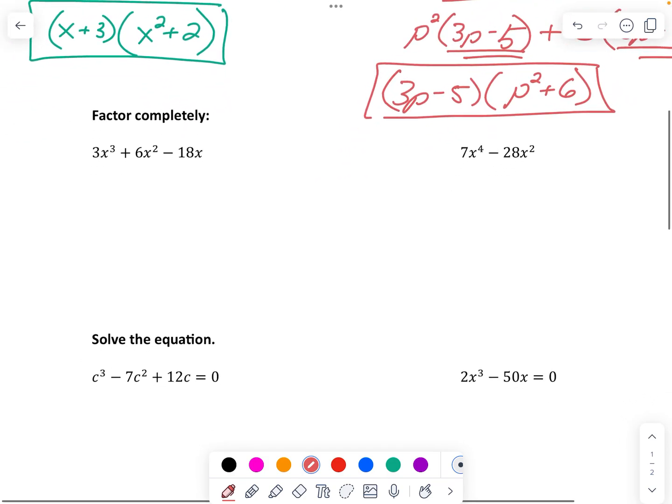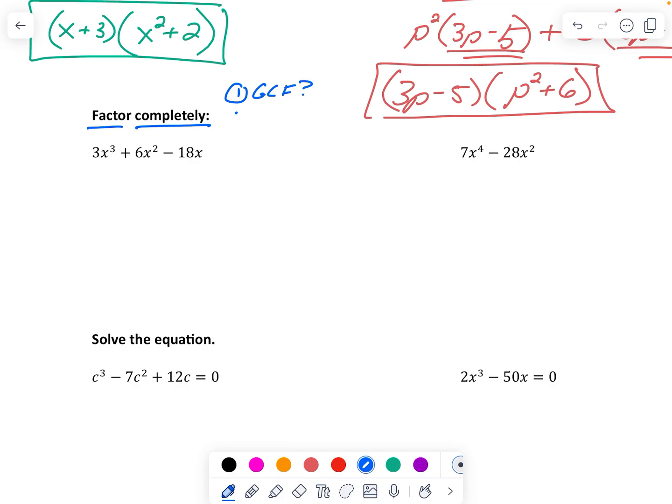The last thing we're going to do today is factoring completely. Everything we've done with regard to the 2 parentheses has been only 2 parentheses. But anytime you're given a problem, you should always look at it like we initially looked at the problems from this half of the chapter, and that is, is there a greatest common factor first? So number 1, you always look for a greatest common factor.